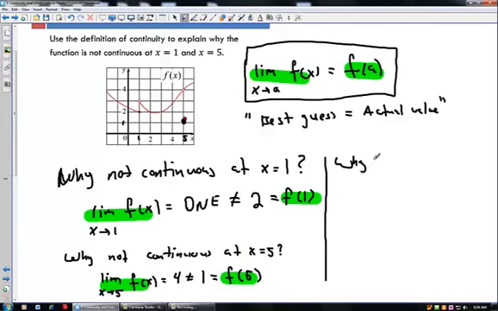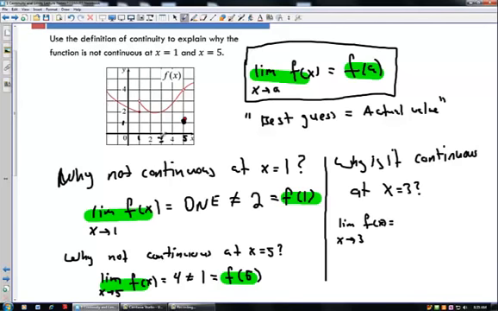Why is it continuous at, and let's pick a point that we did before. I think we picked 3. We did 3 last time. So why is it continuous at x equal 3? By using the definition, we found last time the limit as x goes to 3 of f of x.